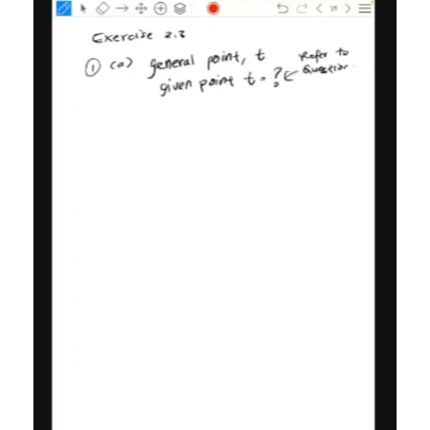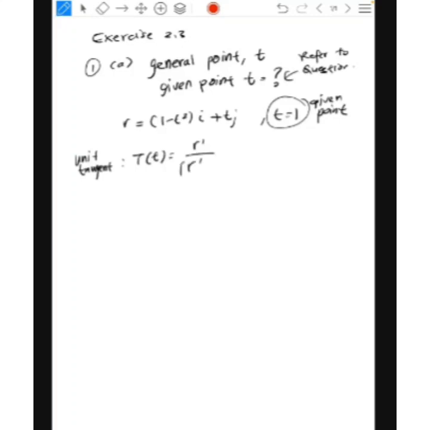Okay, let's look at 1A. We have r equals 1 minus t squared i plus tj, and then t equals 1. So this is the given point. But before you substitute t equals 1, you have to find it in terms of t first. The formula for the unit tangent is r prime t over modulus r prime t, or the magnitude of r prime t.